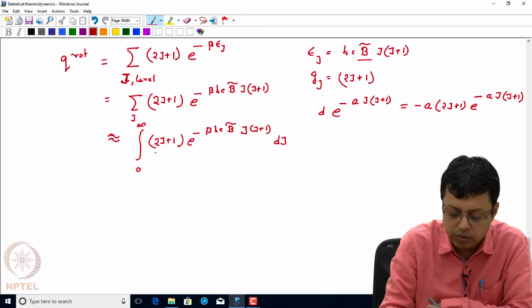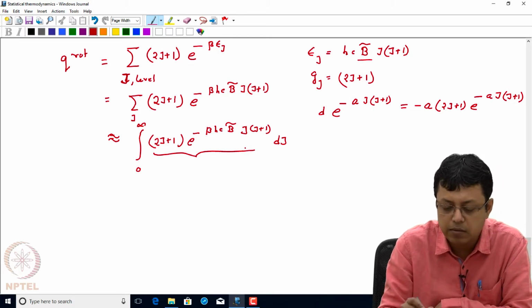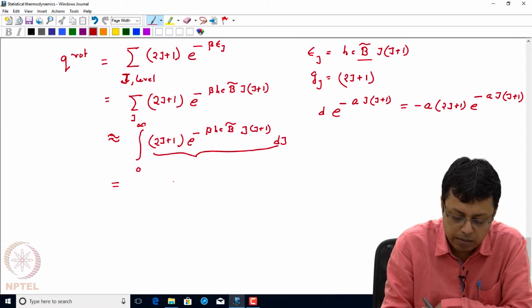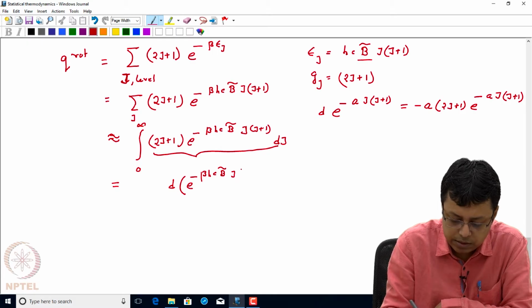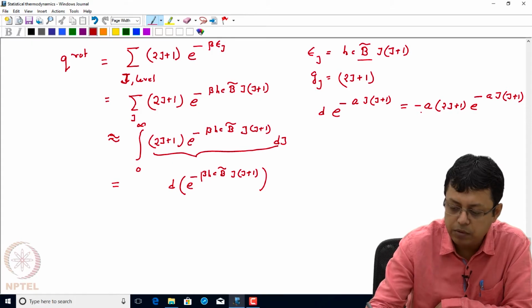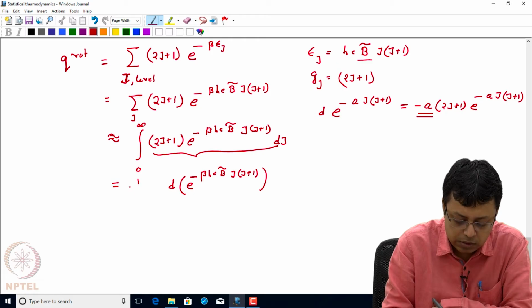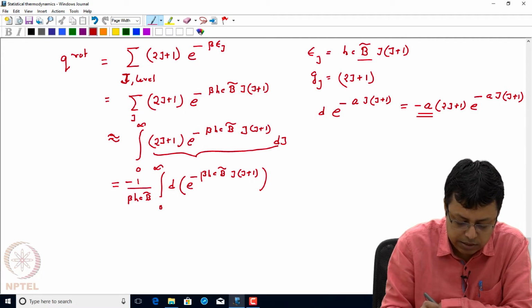So you see that we can make use of that fact and write the entire thing as a differential of e to the power minus beta hc B̃ J(J+1). But we have an extra constant, minus a, so we have to divide by minus beta hc B̃, and then this integral.